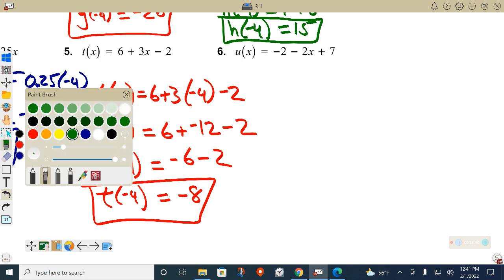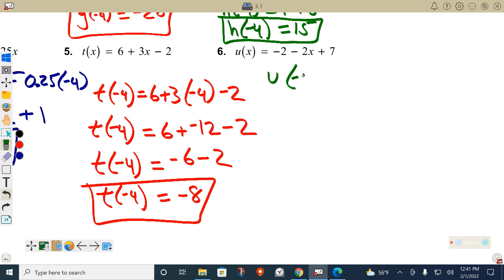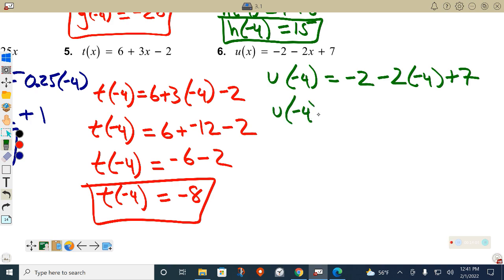u of x. So u, the function u at negative 4 is going to be negative 2 minus 2 times negative 4 plus 7. So u at negative 4 is going to be negative 2 plus 8 plus 7.